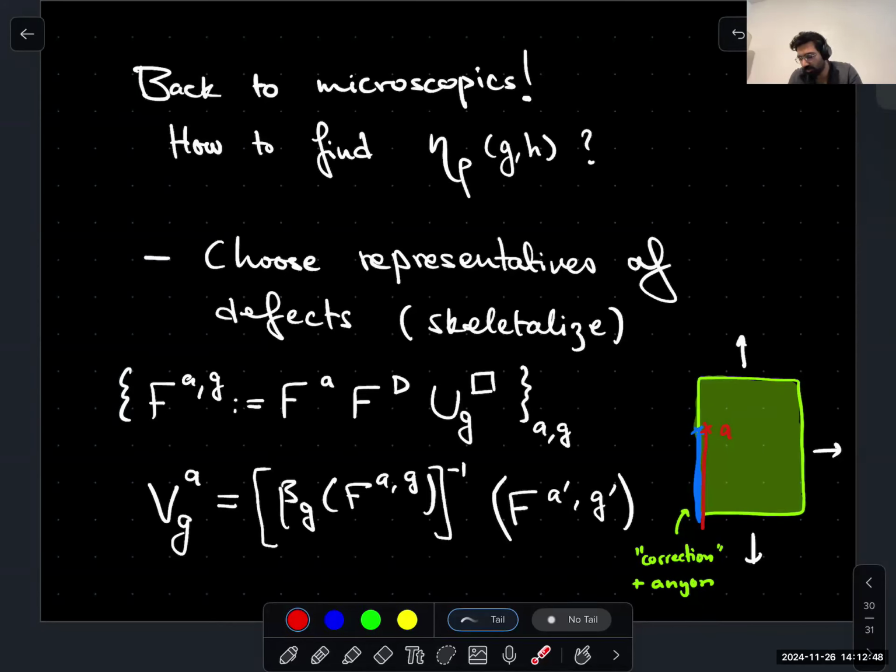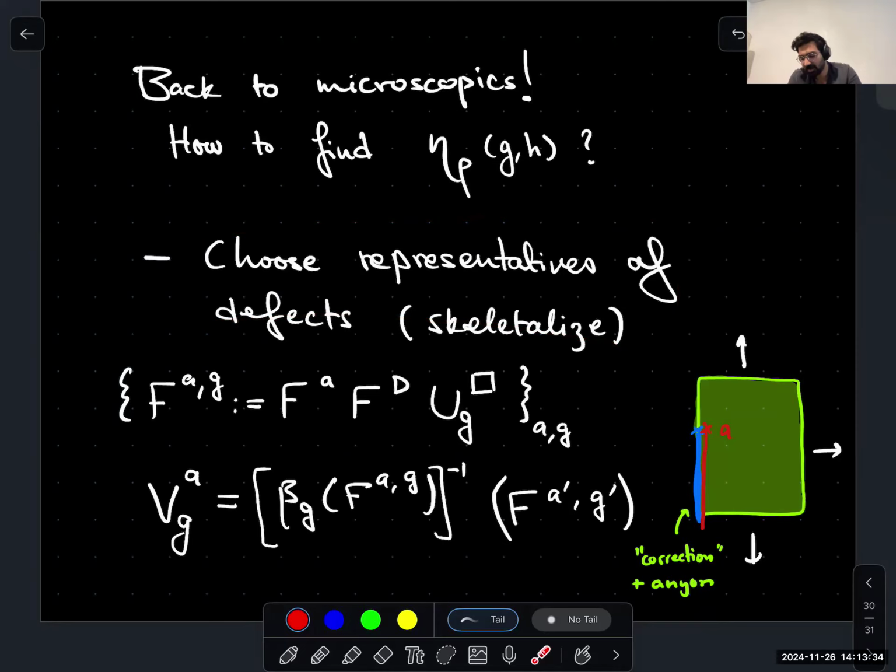You know there are going to be this many defects and this many anyons, which is not so hard to determine if you're working with a microscopic theory or a finite theory with a nice commuting projector description like Levin-Wen and things like that. So let's say you know all of the symmetry defects and all of the anyons. Then how do you calculate the fractionalization using these? Well, it turns out it's very easy.